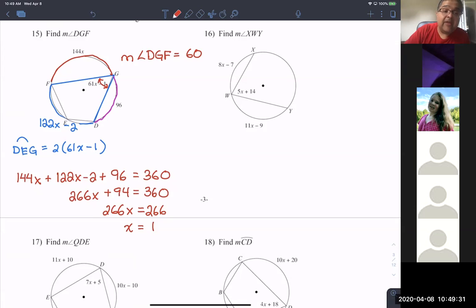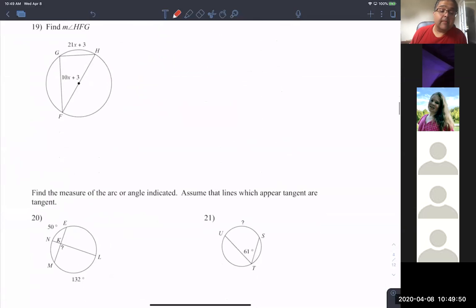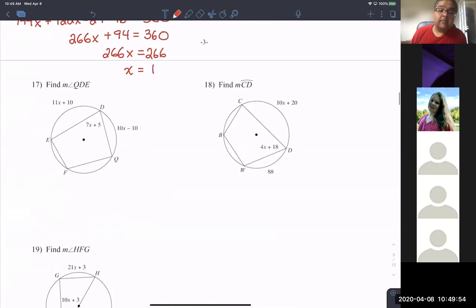Well, we found out that x is 1, so we plug it in. 61 times 1 minus 1, which is 61, which is 60. Make sense? Yes, sir. Thank you. Right. Let's have you guys do number 18.